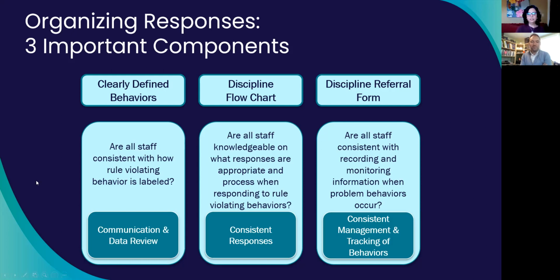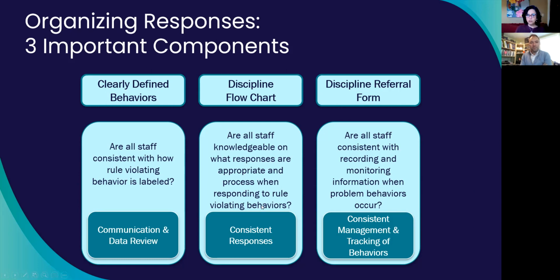So having clear definitions for problem behaviors helps staff to be consistent in their reporting of rule violations. This in turn ensures that our data is accurate and it's measuring the same behaviors regardless which staff has reported it. You should also classify your behaviors into class managed, sometimes called minor behaviors, and office managed, sometimes called major behaviors.